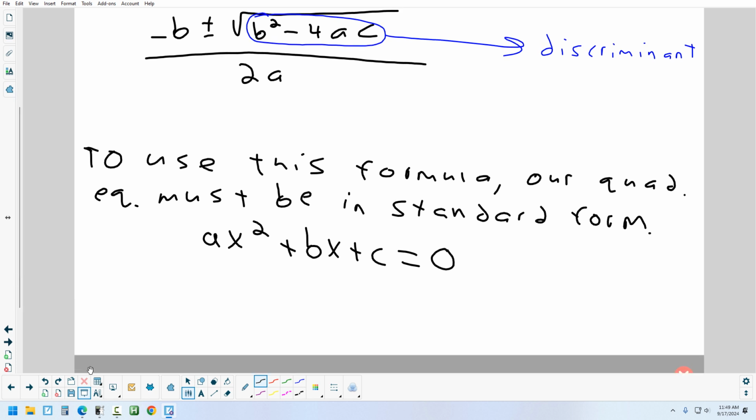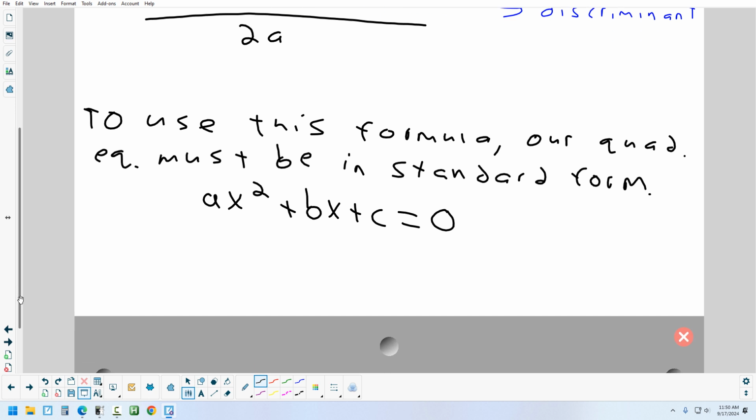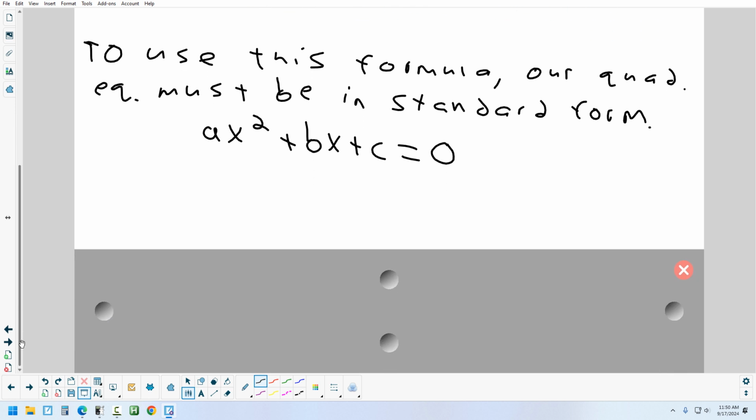So you've got to get the equation equal to 0. Really, whether you're factoring or using the quadratic formula, you always want it equal to 0 for those 2 methods. Does everyone have the formula?